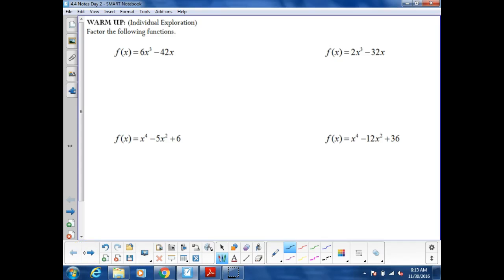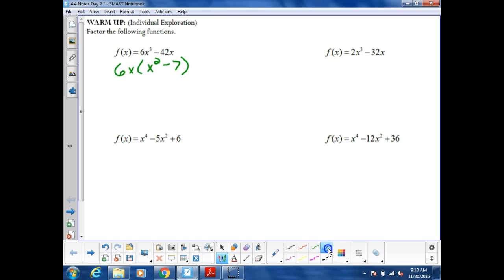All right, so first off, on the first warm-up, I would factor out a 6x. That leaves me with x squared minus 7, right? 6x cubed, checking it by multiplying it back in, 6x cubed minus 42x.